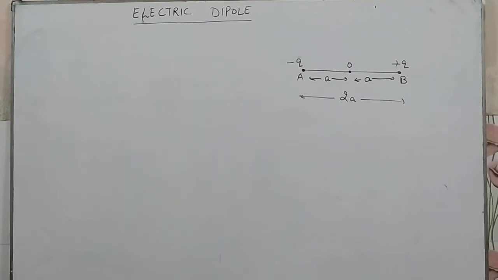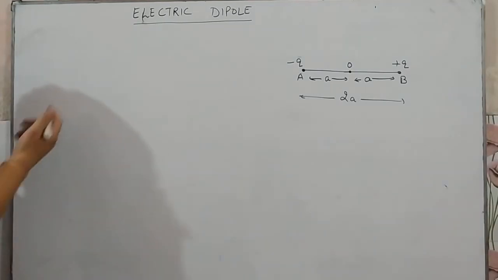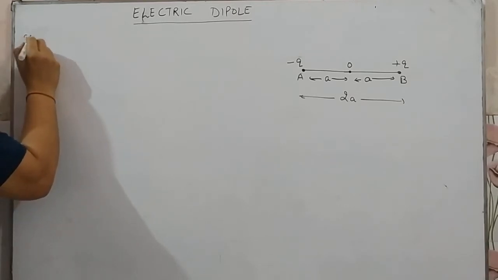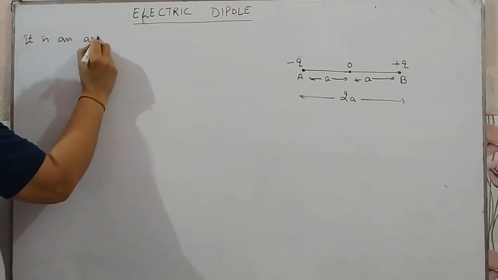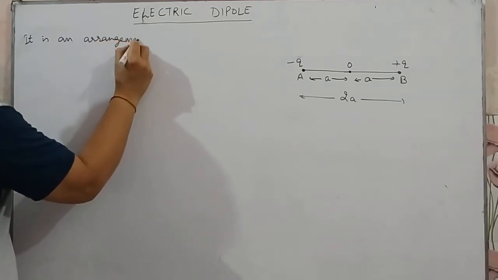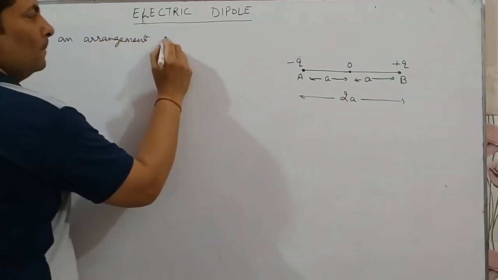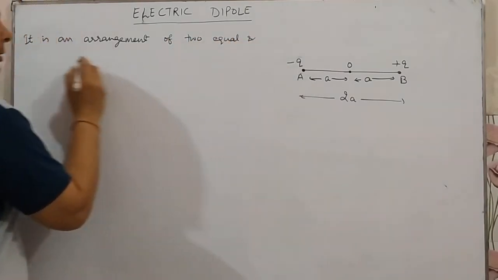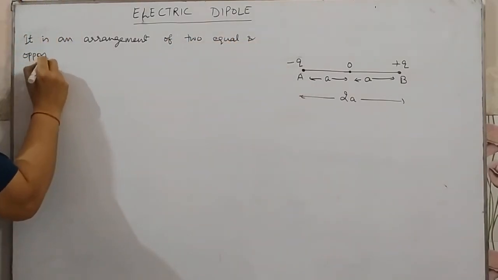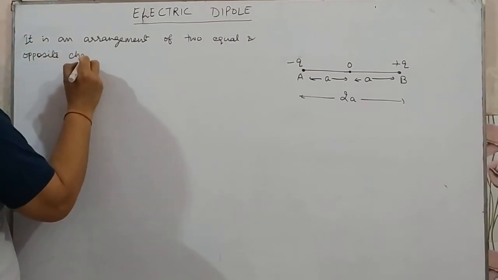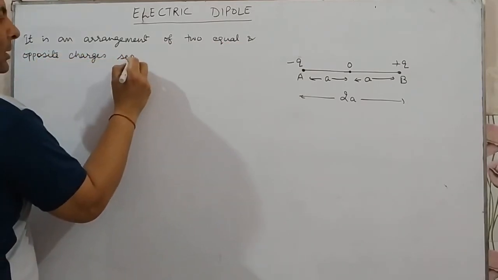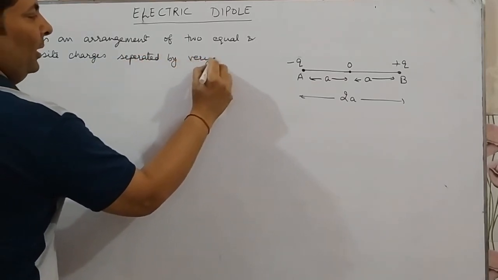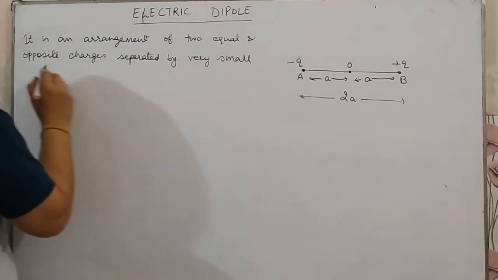The next topic is the electric dipole. It's a very important topic, and let's define the electric dipole here. It is an arrangement of two equal and opposite charges separated by a very small distance.